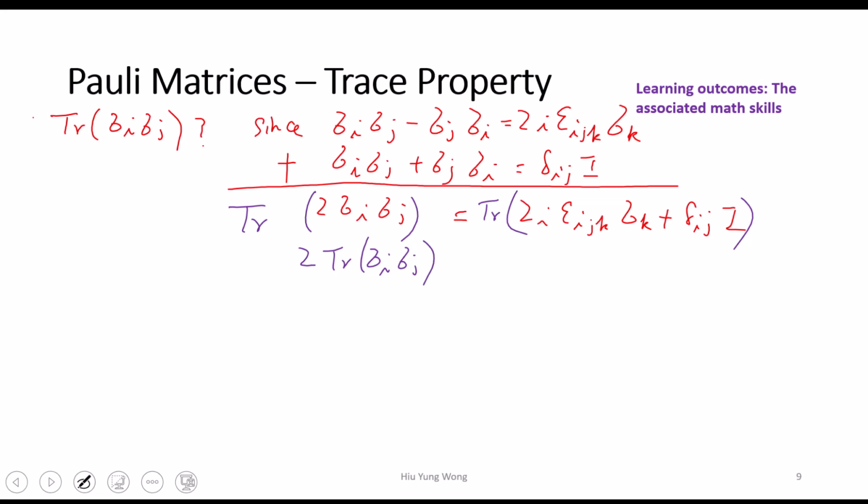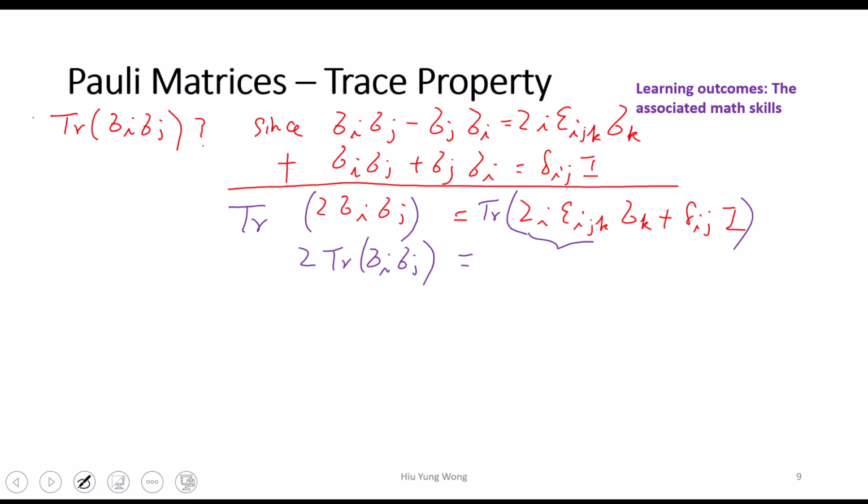The constant you can take out, because you can sum first and then multiply by 2, or multiply by 2 and then sum. And if I have 2 matrices added together, the trace of their sum must be the sum of their traces. Because you add all these diagonal elements first and then do the tracing, or you can do the tracing first and then add them together. They are the same.